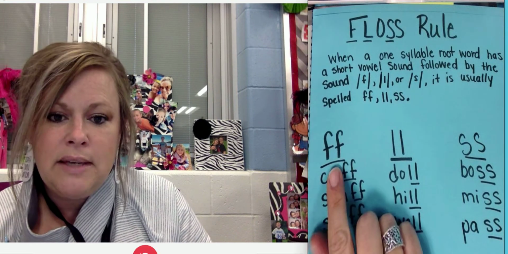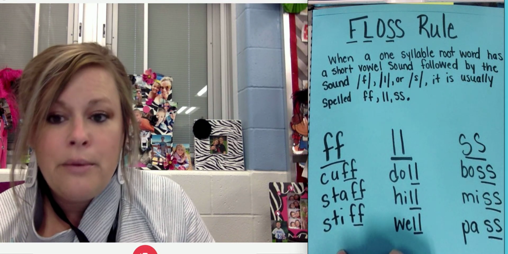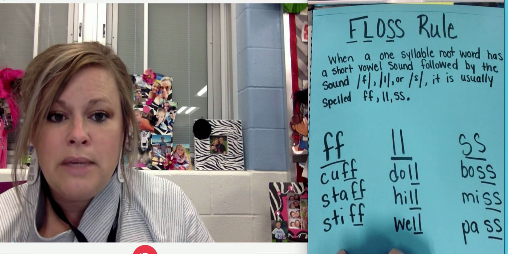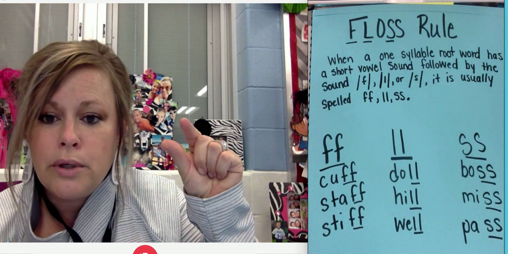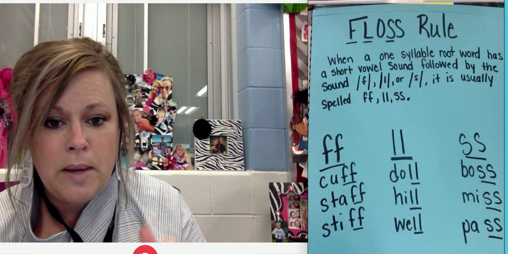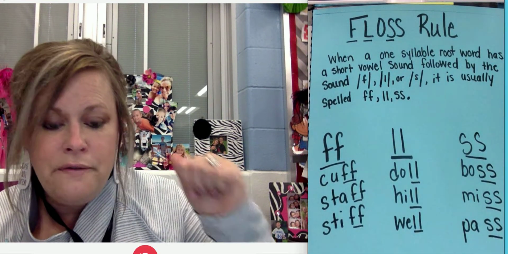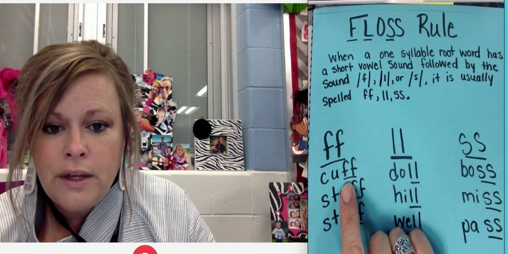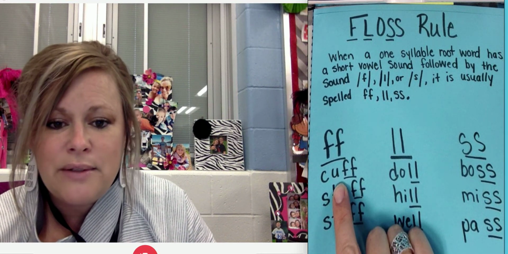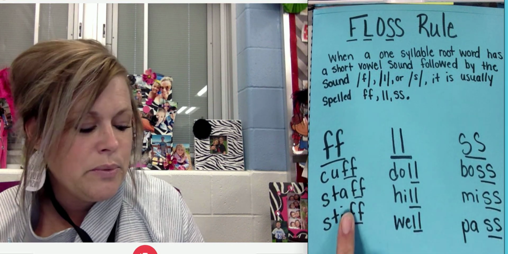So here are some examples of when you double the f sound at the end of a word. Remember, the word has to be a short, one-syllable word with a short vowel sound, just like the CK spelling rule. So cuff, like a handcuff, ends in f. It's a short word with a short sound, so I double the F. Here's the next word, staff.